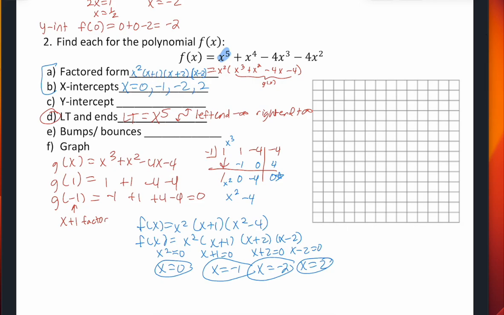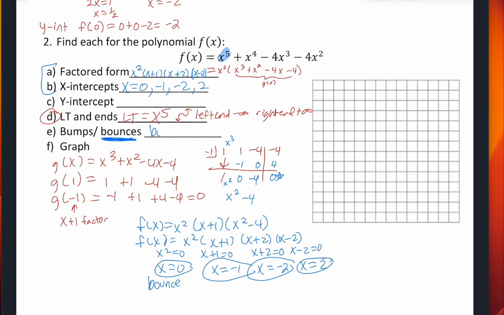Now, I don't know why I said bumps, bounces, but let's just concentrate on the bounces. That's all you got to put here. What is the only factor that had a power on it? Yeah, the x squared. And that's an even power. So that means that's the only one with a bounce.